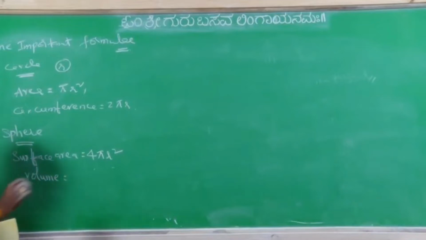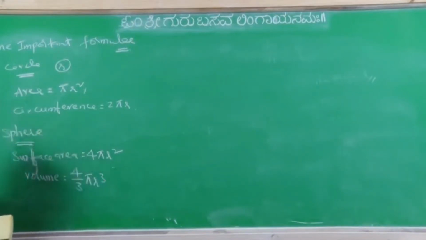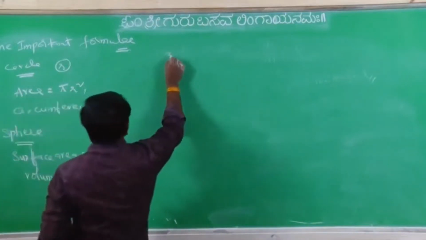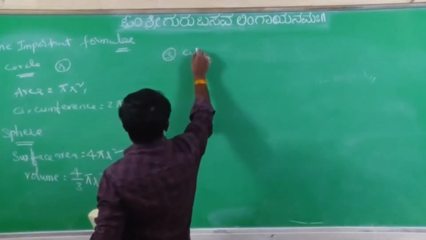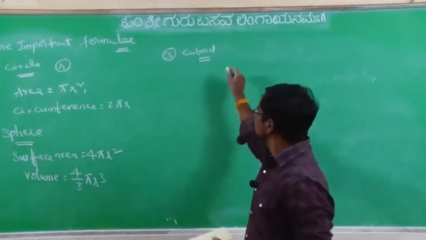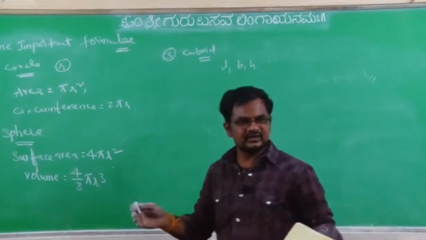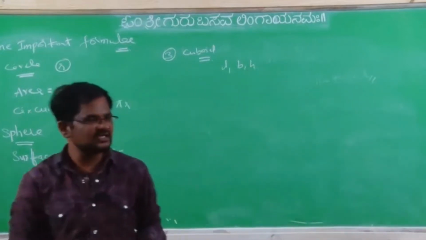Next, volume, 4 by 3 pi r cubed. Next, cuboid. Cuboid means different dimensions, length, breadth and height, for example a room.